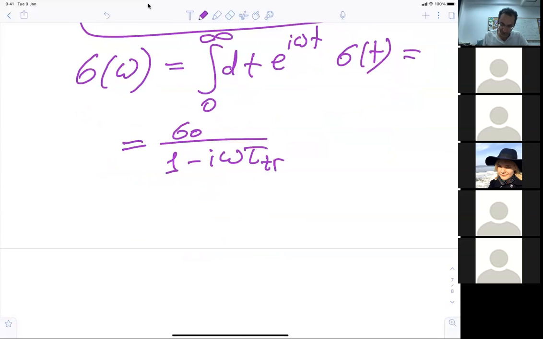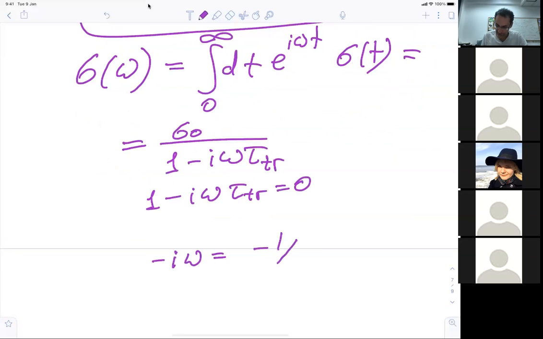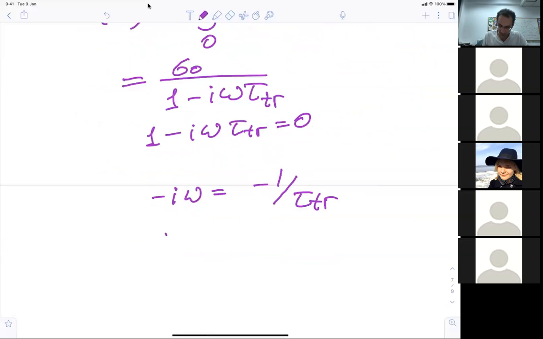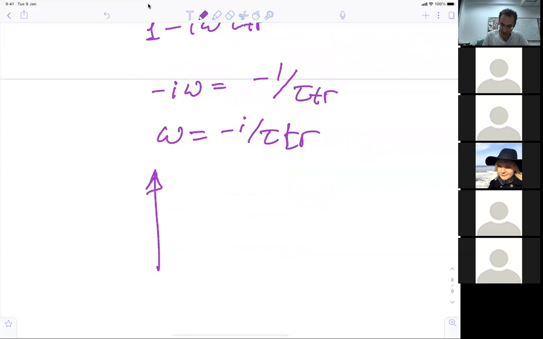It has a pole when minus i omega is equal to minus 1 divided by tau transport. So there's a pole at omega equal to minus i over tau transport.